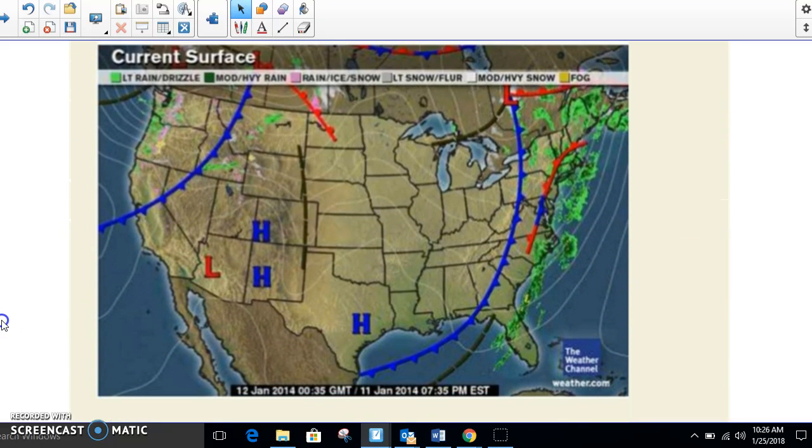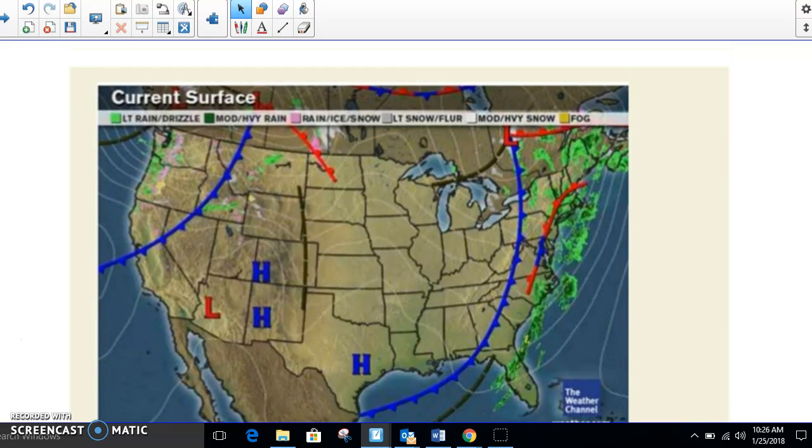This is the diagram of our weather map, and this is what you'll see on your television sometimes. So if you look at this cold front, it will tell you that there's cold air coming from behind this cold front that is moving from west to east. Here will be also a cold front, and it will be coming as it moves across from west to east. Remember, the red signifies warm front.